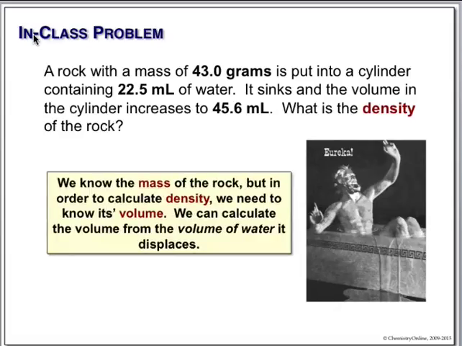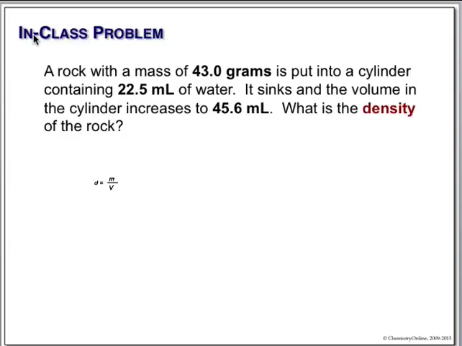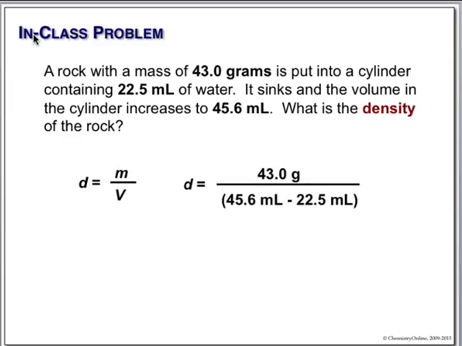So this is what we're doing with our rock. Let's go back to our calculation. Again, we have mass divided by volume. Our mass is 43 grams, that's no problem. For our volume, we're going to take our final and our initial readings and simply subtract it.